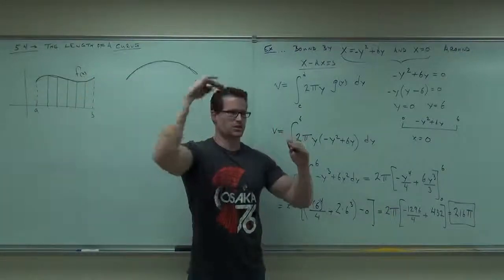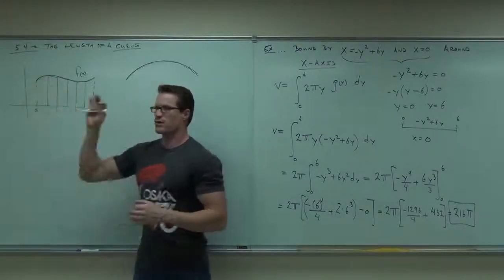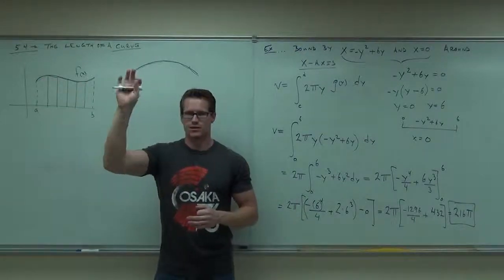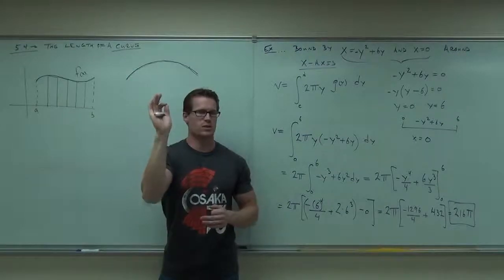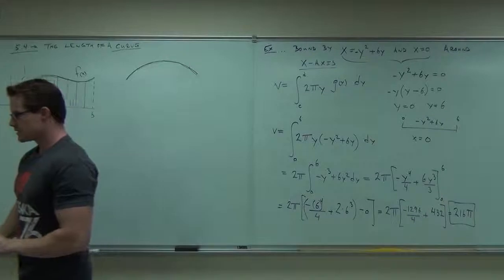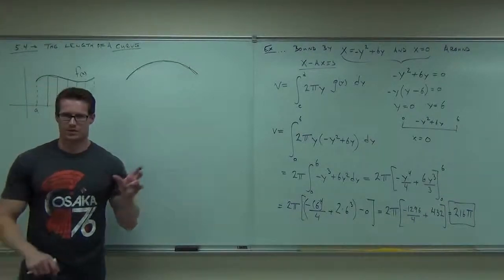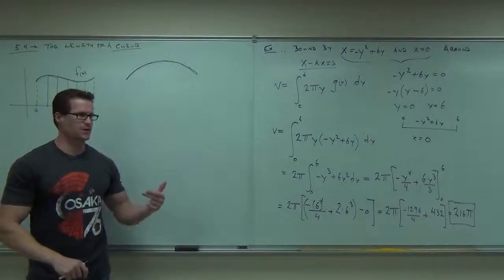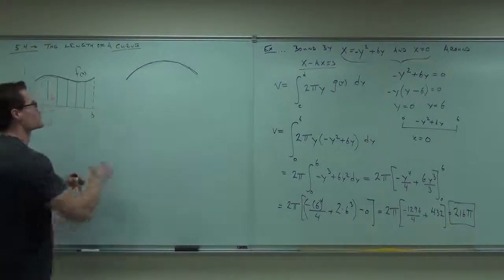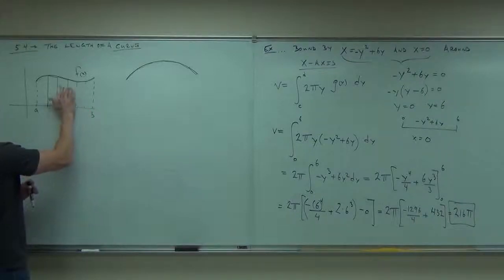Just make a straight line from this point to that point, where the function touches to where the next vertical touches the function, and try to find out what that length is. So the idea is, let's cut these into small sections, and let's add those lengths together. That's the idea, very similar to areas, but we're not talking about areas, we're talking about lengths now. So this we don't care so much about.